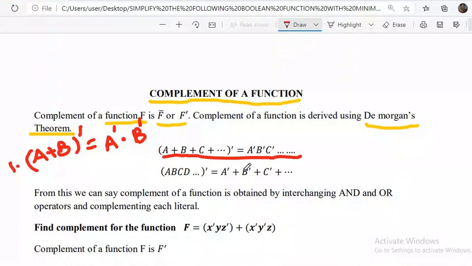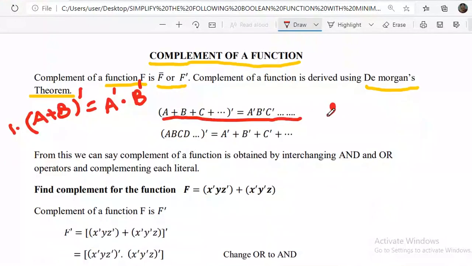What is our second De Morgan's theorem? The second De Morgan's theorem is A into B the whole bar. This is nothing but A dot B, or if I write A and B near each other, it means multiplication only.